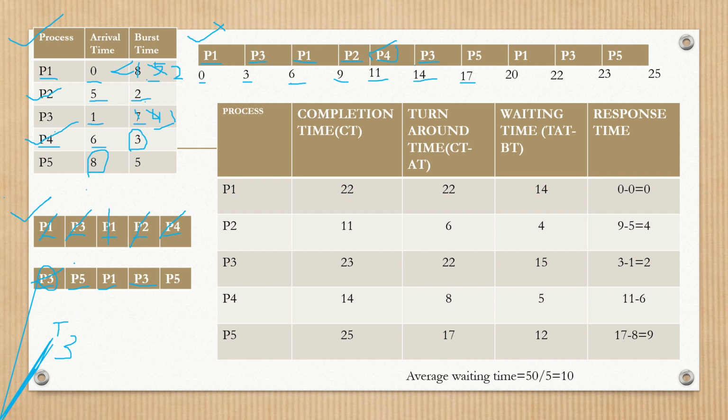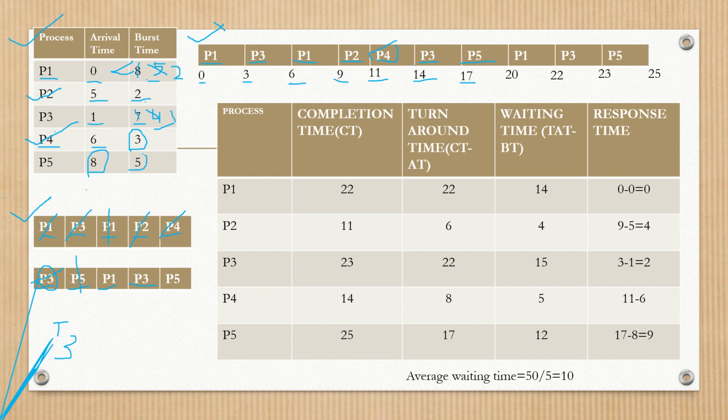It is P5. So P5 is removed from the ready queue and given to the CPU. So the CPU is going to execute P5. Then from 17, P5 will execute 3 more units, and you have to see in parallel what the burst time of P5 is.